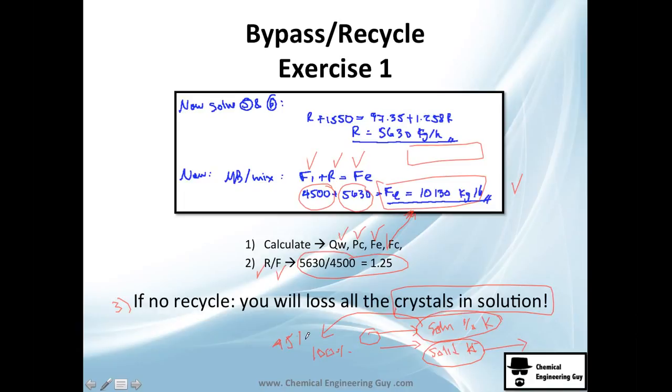So make sure, guys, you understand the problem. We already answered all the flows. You must solve for the flows, just check them. What else? The recycle ratio is very important. The bigger R in F is, the bigger means you're recycling a lot.